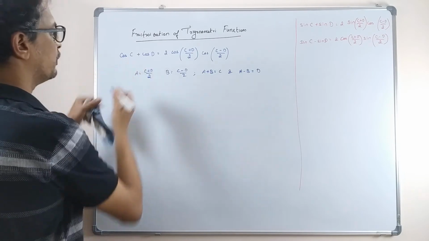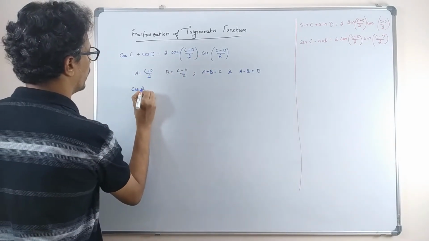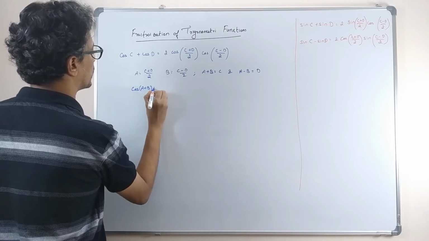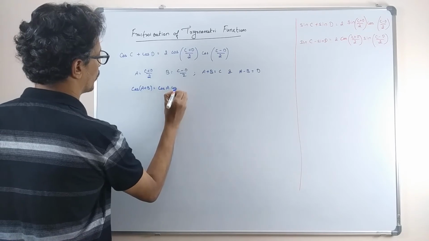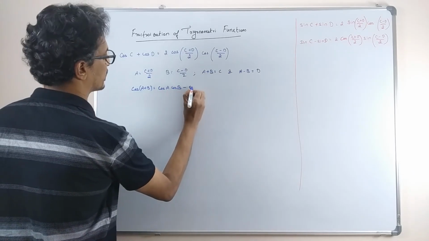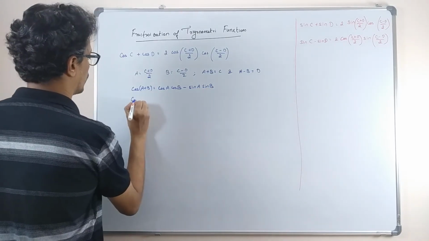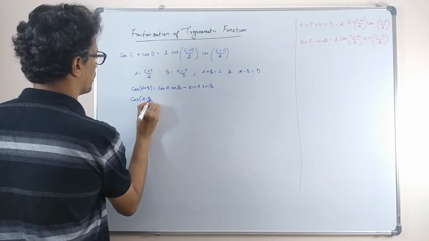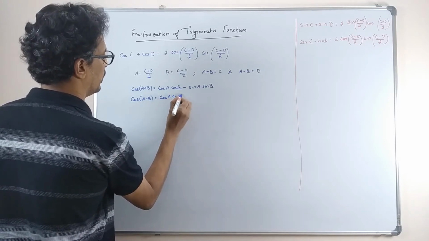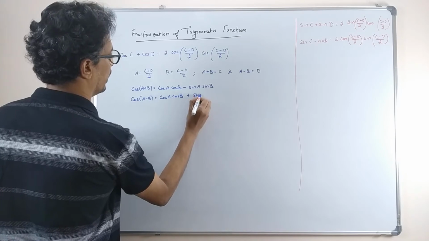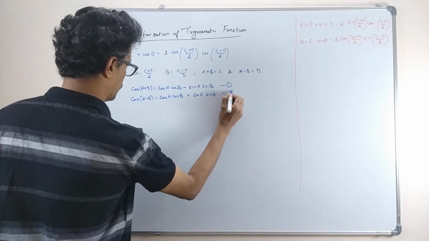Then because we want to find the cos, right? So take the cos of it. Cos(A plus B) will be equal to cos A cos B minus sin A sin B. Cos(A minus B) will be cos A cos B plus sin A sin B. This is 1, this is 2.